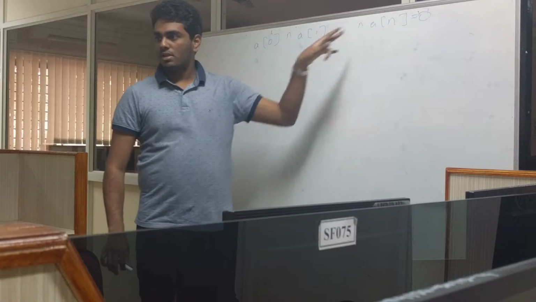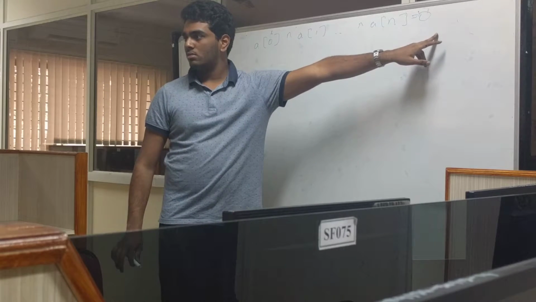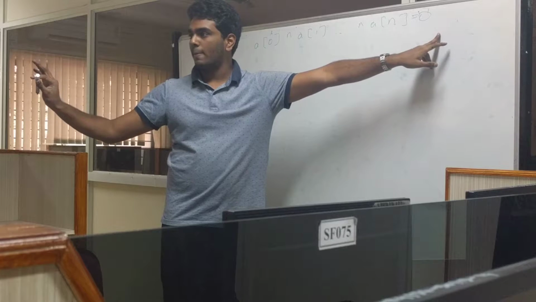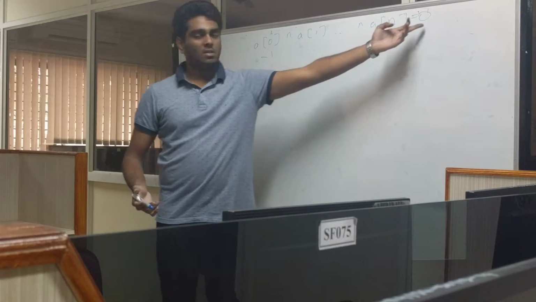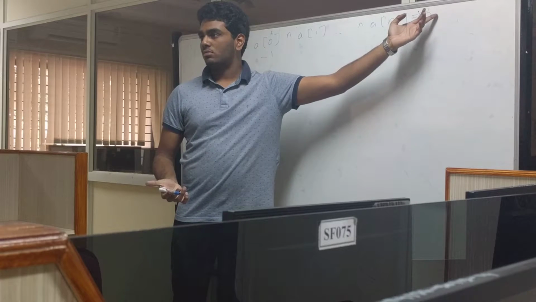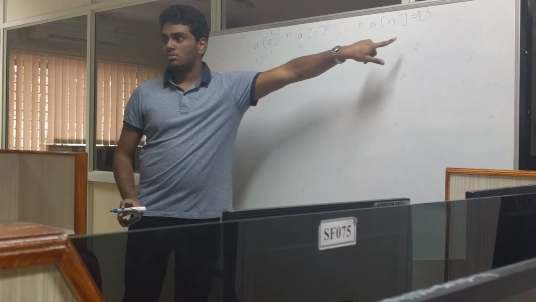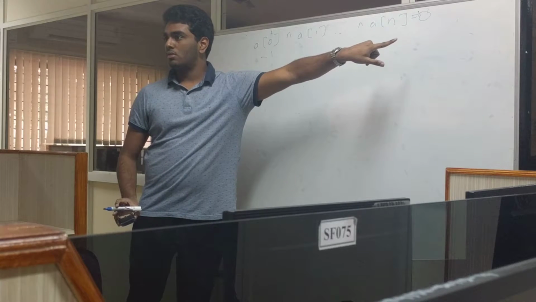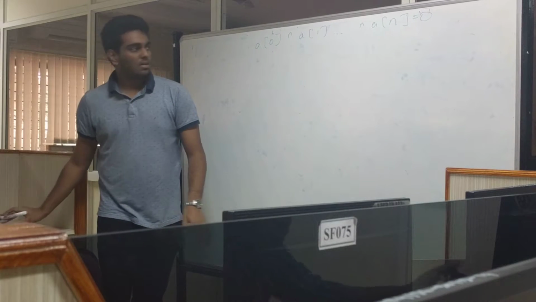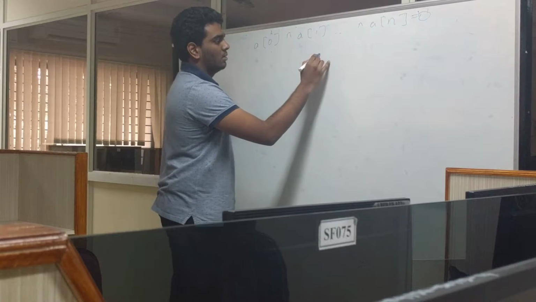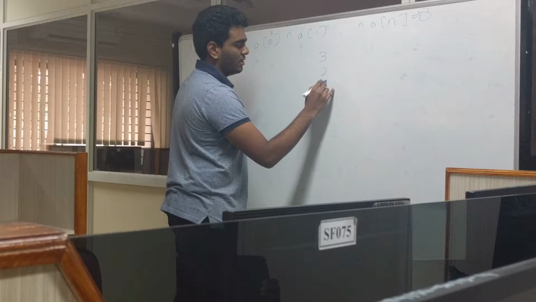Is everyone following this? If I were to just do a -1 here, it will become non-zero. Do you want an example for this? Okay, that earlier one. Okay, I'll just do 3, 2, 5.